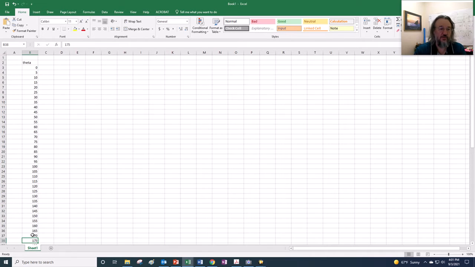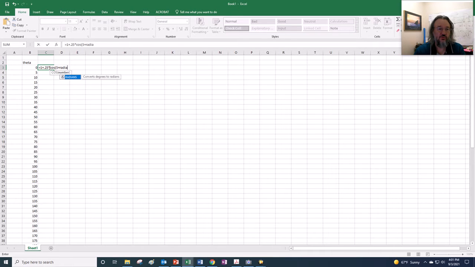Here we're going to set that equation that we just had: 1 plus 0.25 times the cosine of 5 times theta. In Excel these always need to be in radians, and I made them in degrees over there.